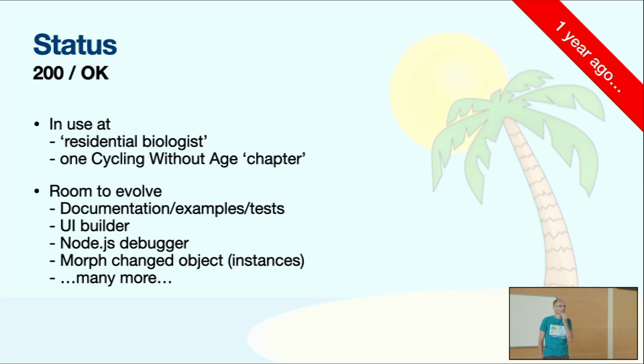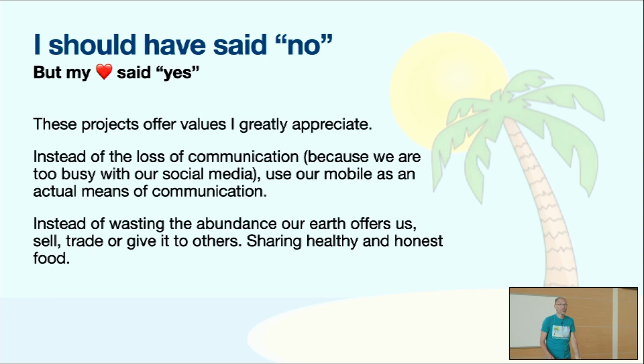So there's still more need for documentation, examples, and tests. Next to the Node.js debugger, I probably need a better browser debugger there as well. So hopefully next year I can make the list shorter instead of longer, but who knows what following requests come my way. Because the thing is, yeah, I should have said no, but I didn't.